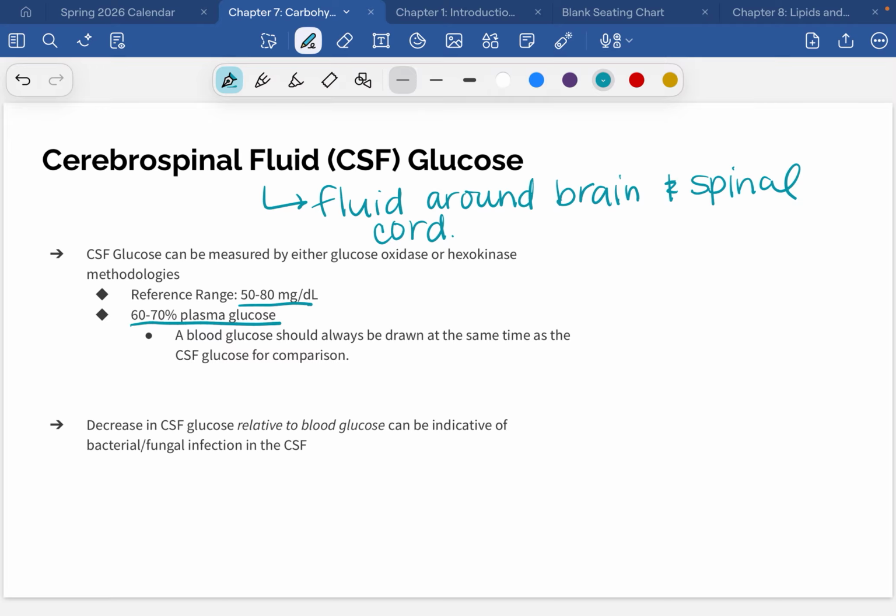So when you are measuring a CSF glucose on a person, you should always draw a blood glucose at the same time for comparison. We use cerebral spinal fluid glucose as a really key test for bacterial or fungal infection of the CSF, also known as meningitis.